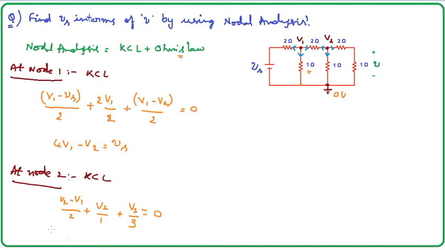So this will be 3V2 minus 3V1 plus 6V2 plus 2V2 is equal to 0, which implies minus 3V1 plus 6 plus 2, 8 plus 3, it's 11V2 is equal to 0. That's all.